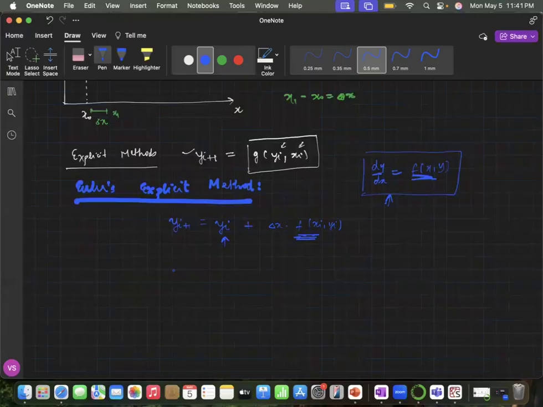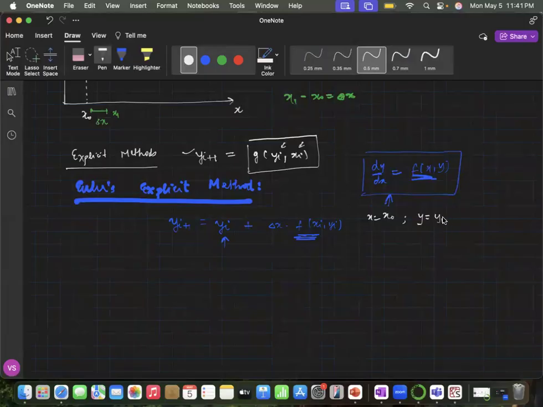Now, one way to code for this particular method is to define arrays. So we start with arrays for, say, x, right? So for Euler's explicit, for this ordinary differential equation, we'll obviously have a given initial condition.